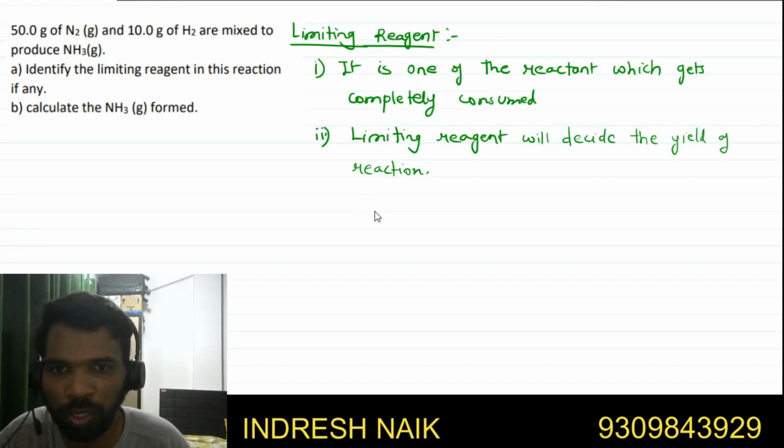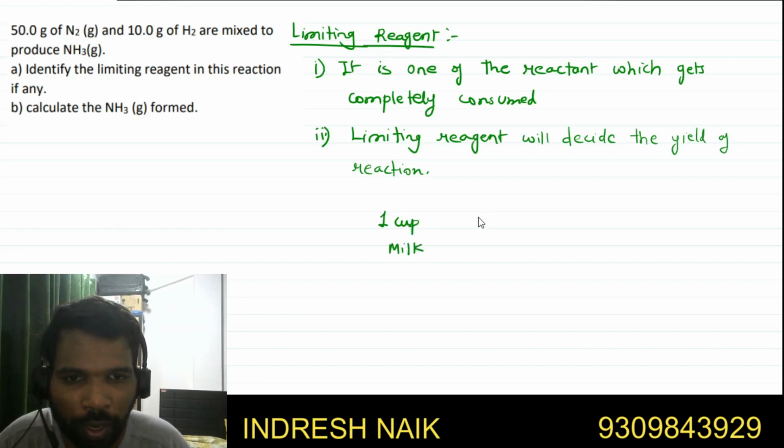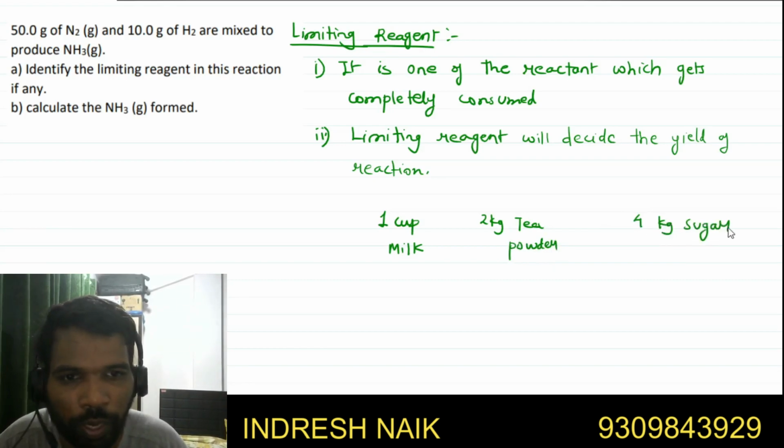Here I'll give you a simple example. If you are preparing a tea, I give this example many times, so one more time I'll give it. If I supply you with, let's say, one cup of milk, 2 kg of tea powder and 4 kg of sugar, how much maximum tea can you prepare? The maximum is just 1 cup.